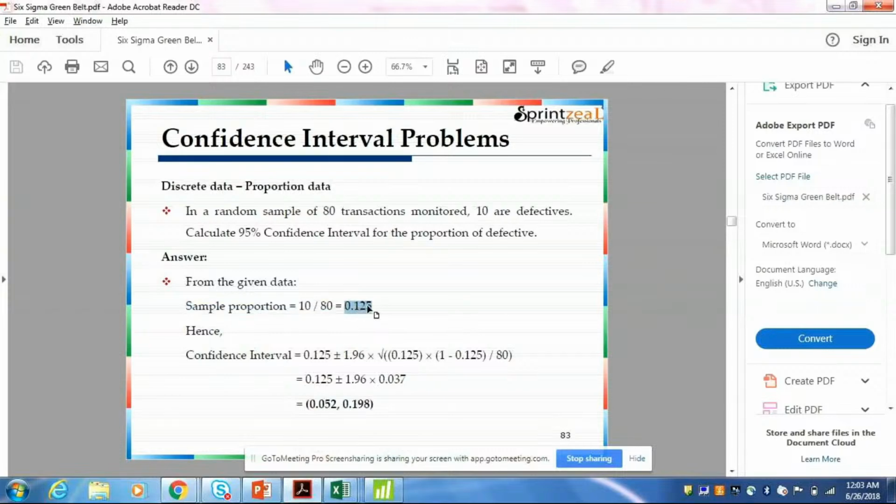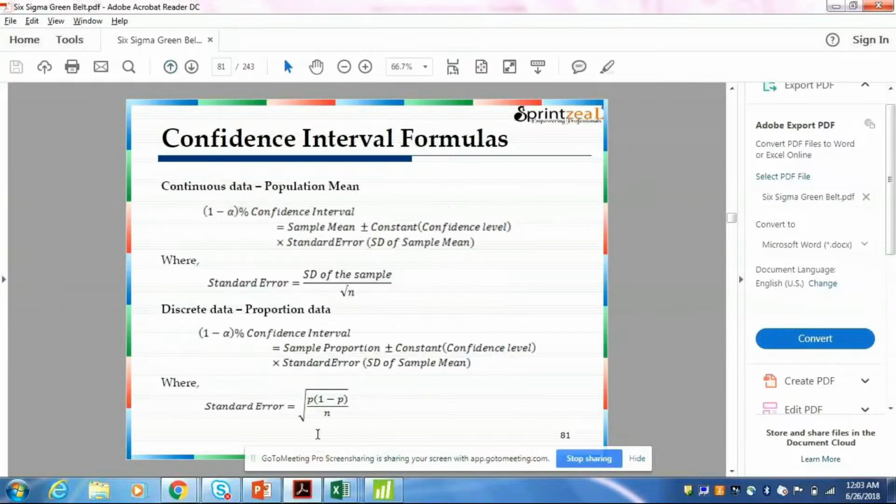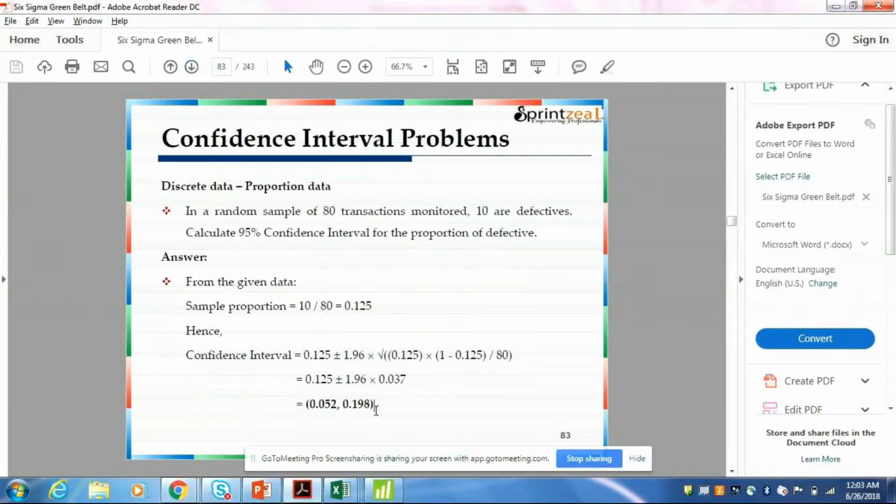We have calculated the proportion here. P plus or minus 1.96 times the square root of P multiplied by 1 minus P divided by the sample size, the same formula that we saw here. We're just putting the values in this formula, and it has given us the confidence interval.